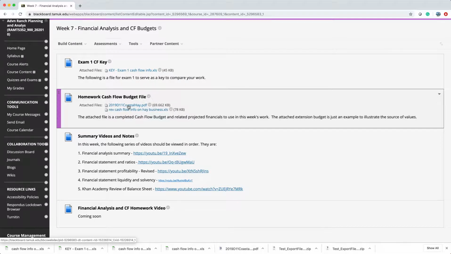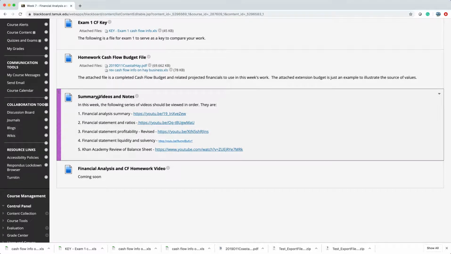I also included the Coastal Bend Hay Enterprise budget from the Extension Service. That's where I drew these numbers out of. So looking at what a normal business projection or estimate or budget looks like per acre, and then I just used that to build the budget from there. So I just gave you that as an FYI.